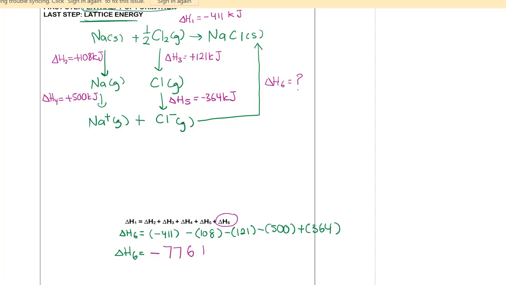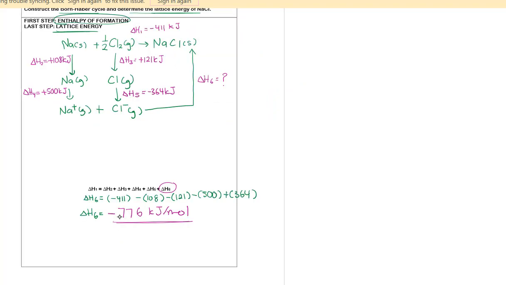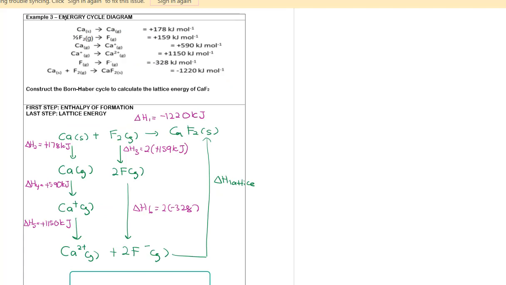So the unit will be kilojoule per mole. Okay, so apa maksud value yang kita dapat ni? Okay, so 1 mole of solid ionic compound, so kat sini adalah sodium chloride, produced from its gaseous ion, it will release 776 kilojoule of energy.